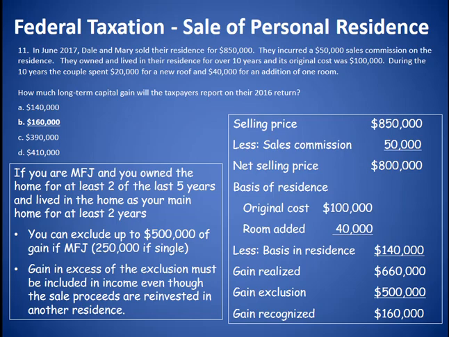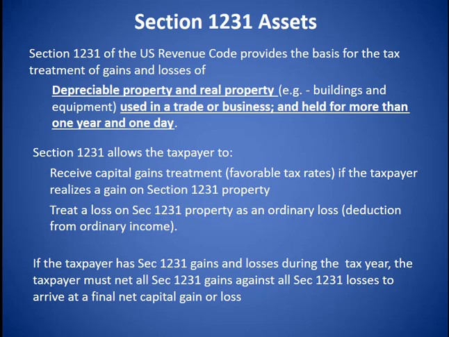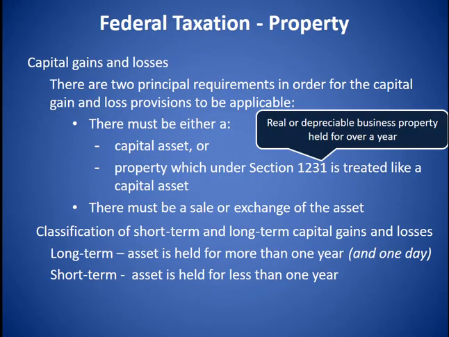Okay, now let's go on and talk about, again, taxation of property and capital gains and losses. There are two principal requirements in order for capital gain or loss provisions to be applicable.